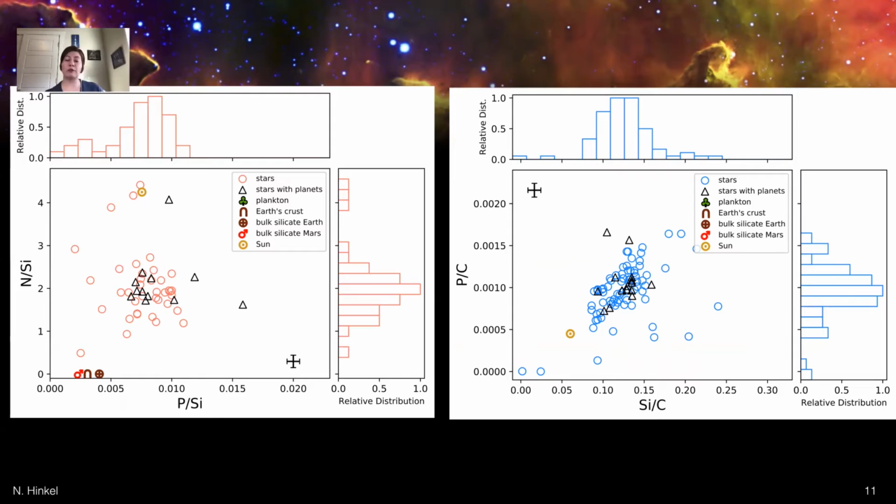The general trend for the majority of the stars is that increasing silicon to carbon is accompanied by a proportionate change in phosphorus to carbon, as well as vice versa. So this is likely indicative of different production sites for the elements, since phosphorus is primarily produced in massive stars, whereas carbon is created in asymptotic giant branch stars.